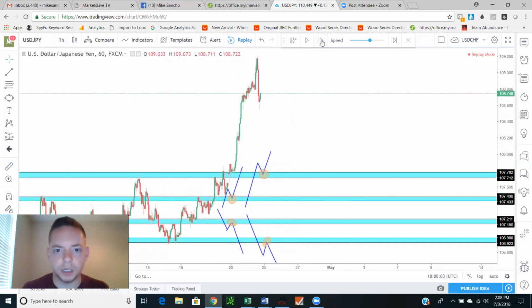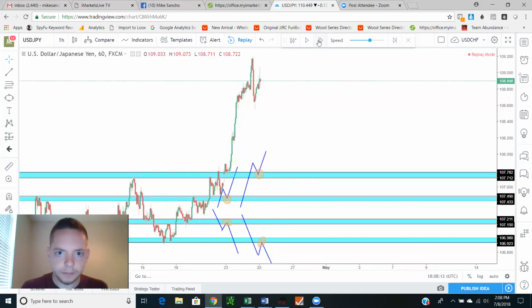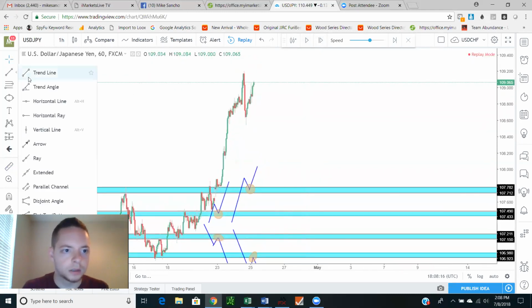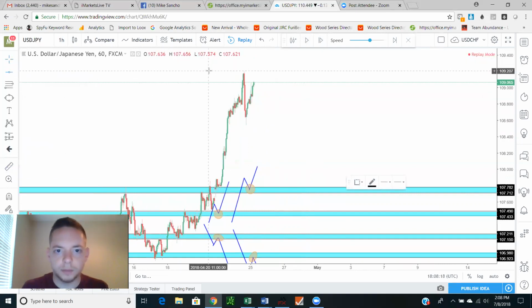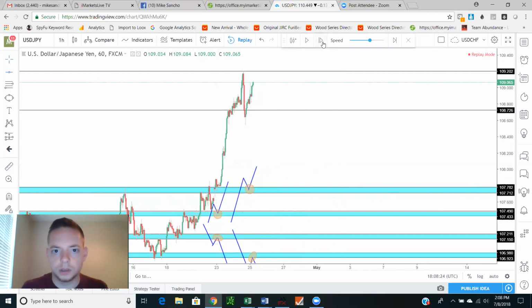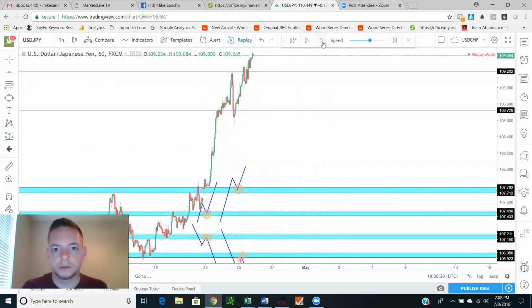Let's see what happens here. It's kind of pulling back. I'll probably draw a zone up here and see what happens. This was the most recent. It's still looking pretty bullish.